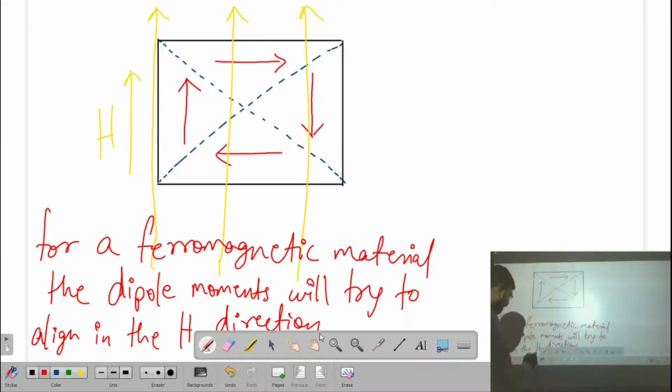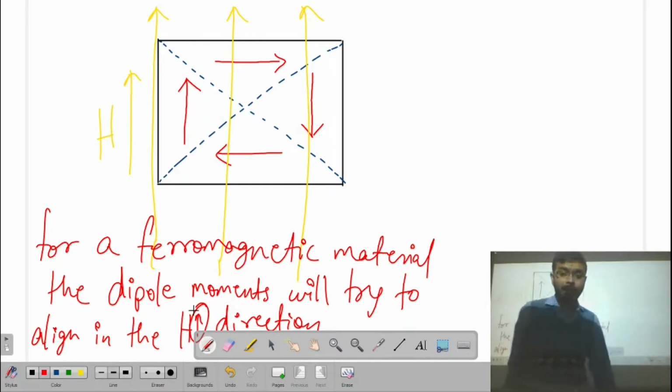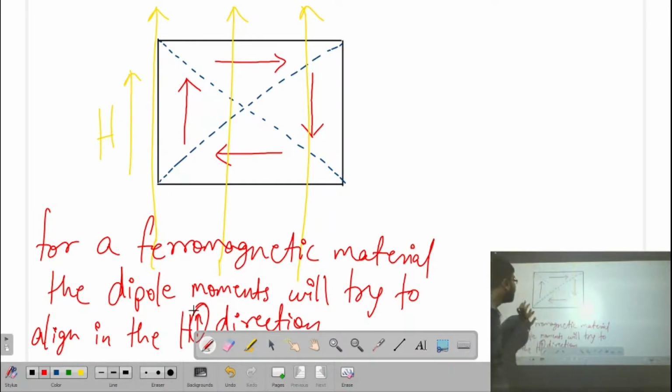In the applied field direction. For a ferromagnetic material, we know that dipole moments will try to align in this particular direction. Why? Because the magnetic field is being applied in this direction, right?